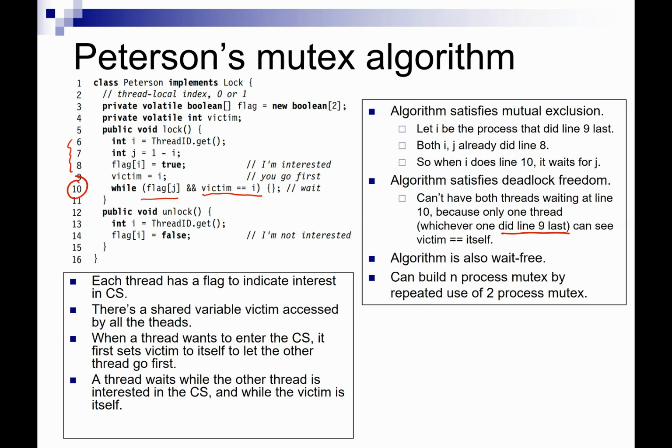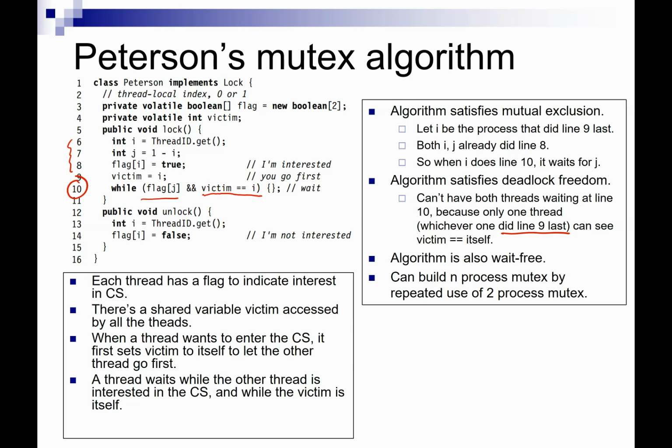The other guy, who did line 9 first, might see the other guy's flag up, but victim will not equal himself, because he did line 9 first, and then the other guy did line 9 and switched victim to the other guy.